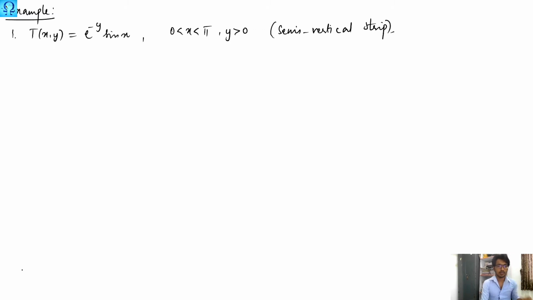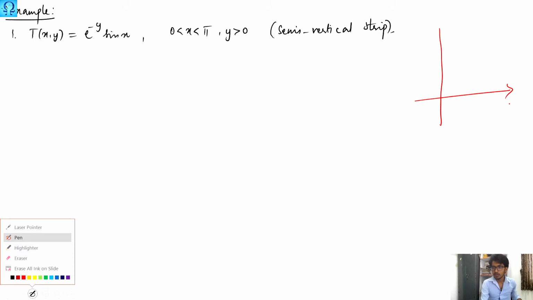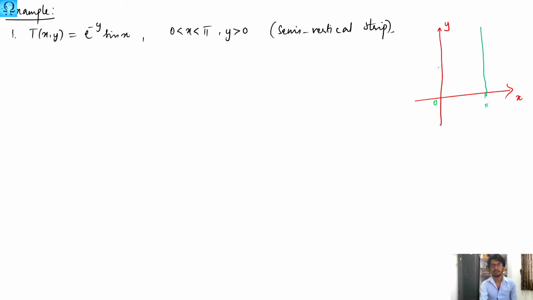If you try to plot the semi-vertical strip, you may very well see, with axes x and y in the xy plane, your x has to be from 0 to pi. So this is your point x is 0, and this is your point pi, then you have lines like this.